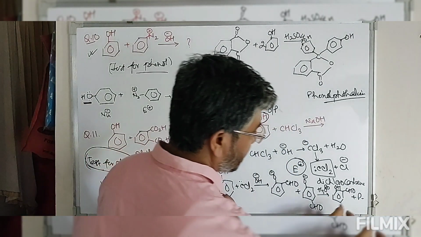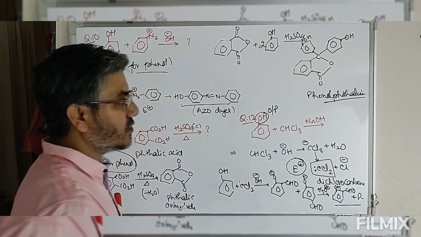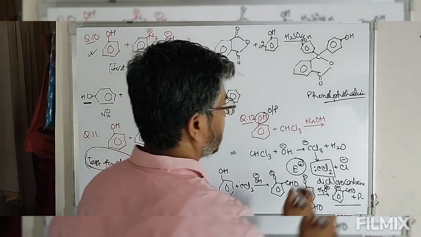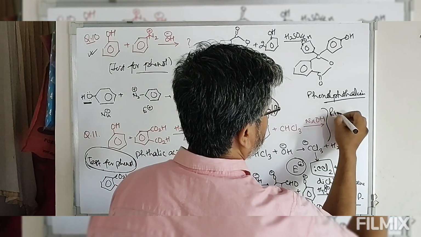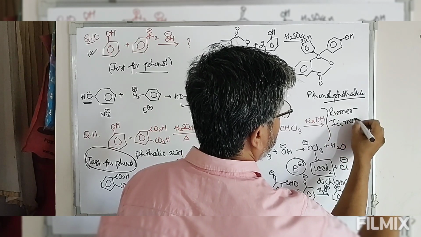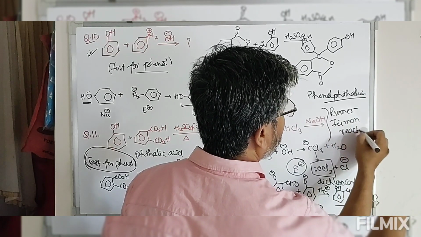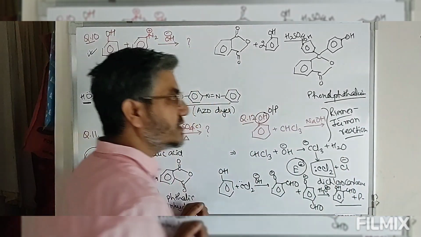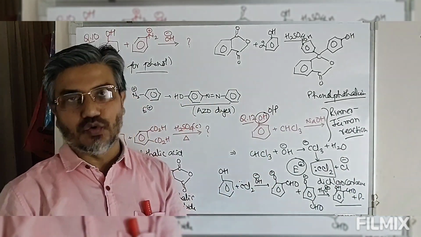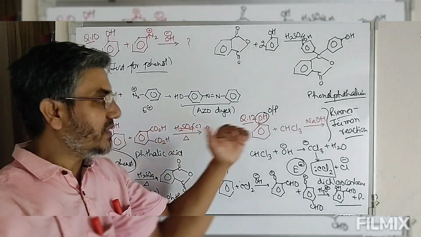So this reaction is a very important name reaction of phenol, which is known as the Reimer-Tiemann reaction. By this Reimer-Tiemann reaction, we can introduce a formyl group, CHO group, aldehyde group to the benzene ring.